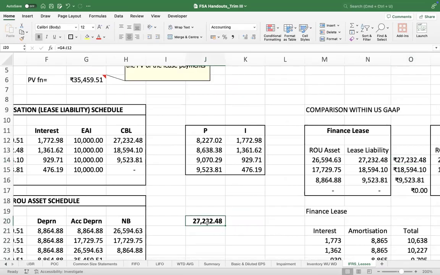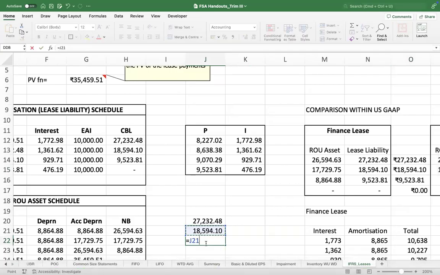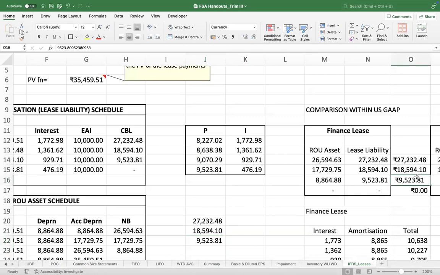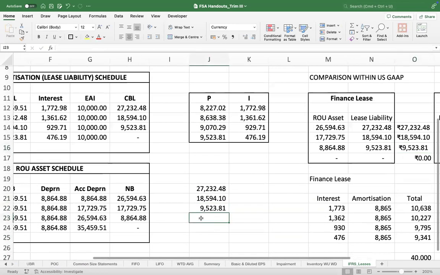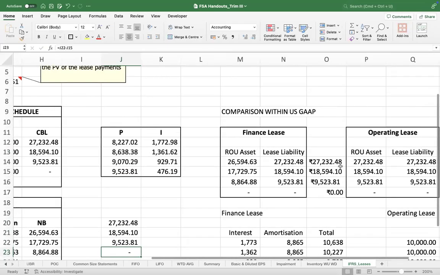Yes. नाउ फ्रॉम दिस अगेन आई विल रिड्यूस द प्रिंसिपल रीपेमेंट. क्या वैल्यू आनी चाहिए? जो यही वैल्यू है 18,594. अगर मैं इससे फिर से प्रिंसिपल पेमेंट रिड्यूस करता हूं तो क्या वैल्यू आनी चाहिए? 9523. ये वही वैल्यू है जो यहाँ है. एंड यहाँ पे अगेन इफ आई रिड्यूस द प्रिंसिपल पेमेंट तो क्या वैल्यू आएगी? जी, जो वही वैल्यू यहाँ पे भी है.